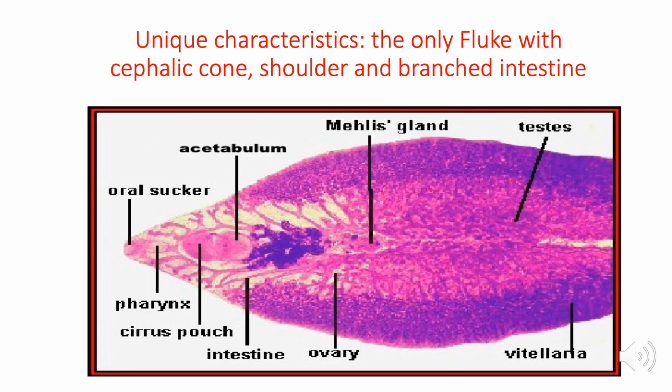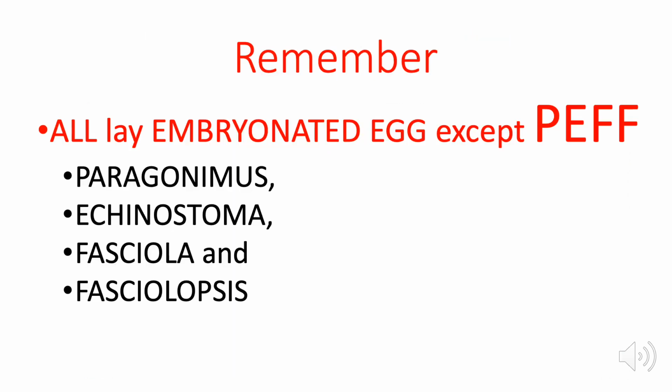So what are now the distinguishing characteristics or features of fasciola worms? We have the presence of the cephalic cone, the shoulder that is found on both sides of the cephalic cone, and the branch intestine. Please recall that all parasitic trematodes lay embryonated ova except for PEFF, Paragonimus, Echinostoma, Fasciola, and Fasciolopsis.